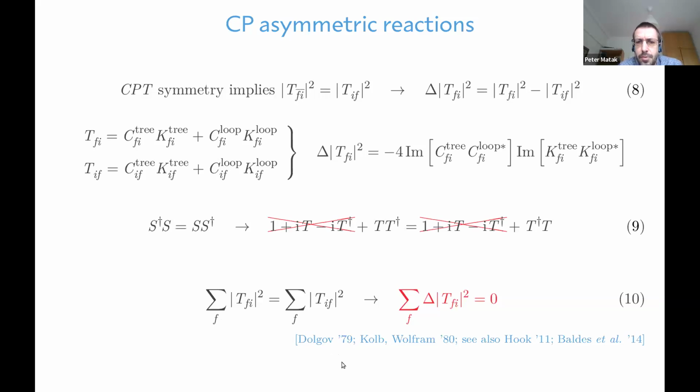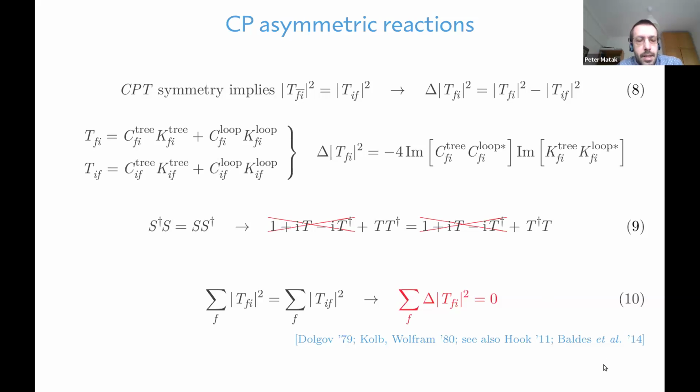So this was known from the times of Dolgov and Kolb and Wolfram. There are several works on these CPT and unitarity constraints, because you assume CPT symmetry and you work with unitarity, and you will get this condition that the sum of the asymmetries vanishes. There is, for example, the work of Anson Hook from 2011 on how these CPT and unitarity constraints affect freezing and baryogenesis.